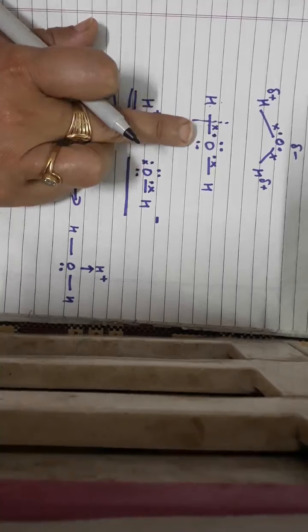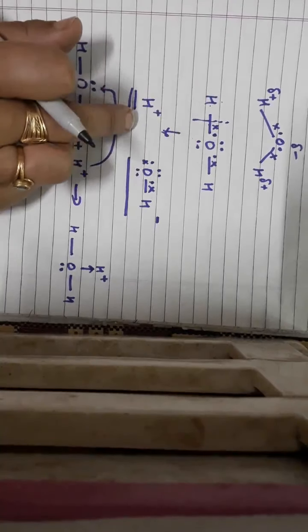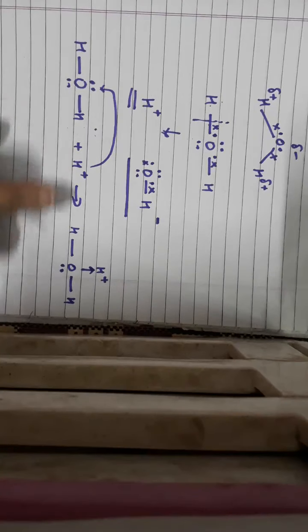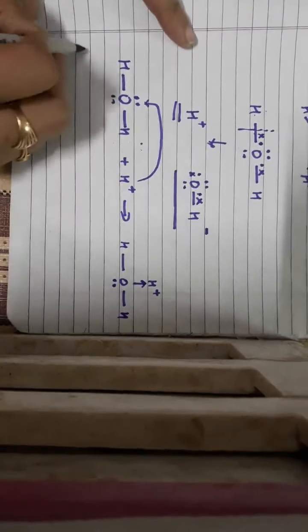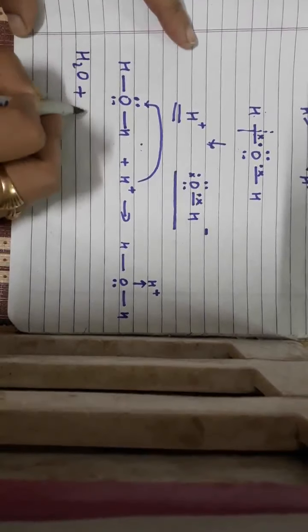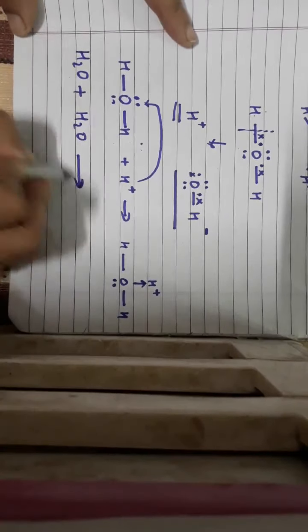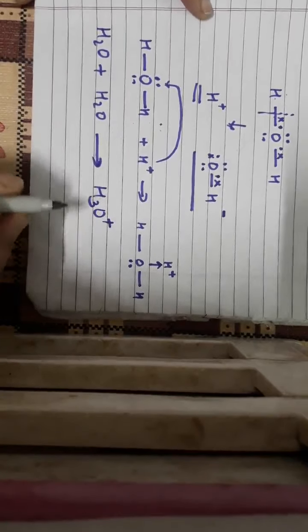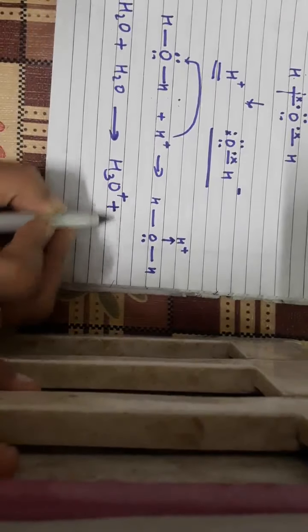First, this water molecule from which the proton was released, and one more water molecule to which this proton has been added to form this hydronium ion. So in a one-step equation we can write that two water molecules on self-ionization release one stable positive ion, that is the hydronium ion, and one stable negative ion, that is the hydroxide ion. So this is all about the self-ionization of water.